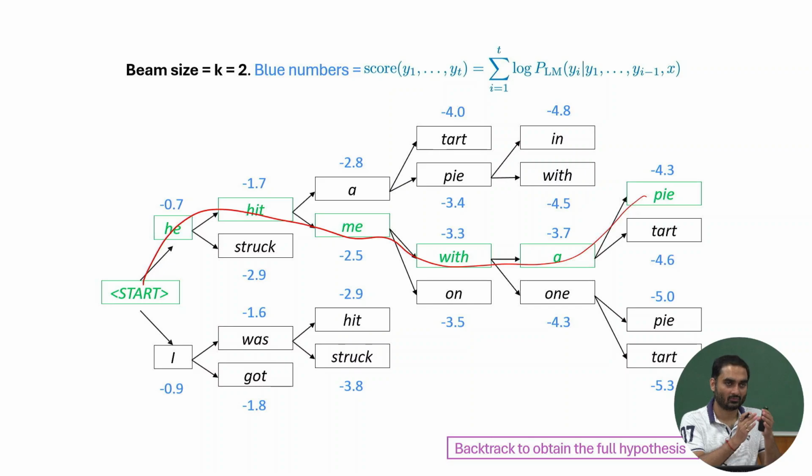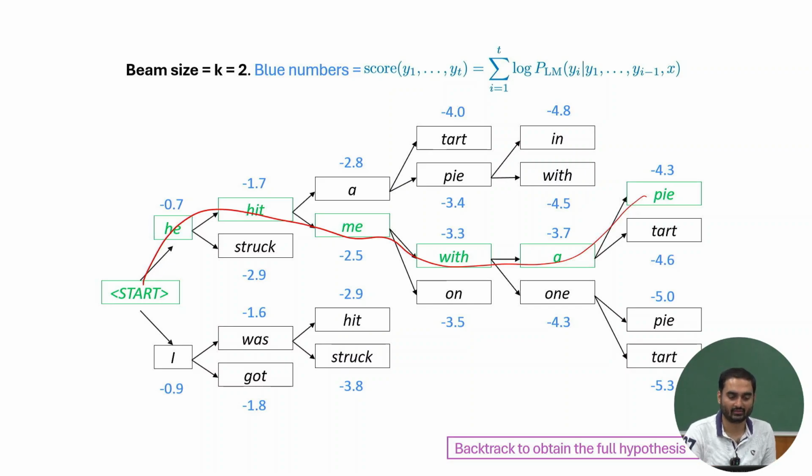Let's say you have one hypothesis with only 2 tokens versus another with 10 tokens, and both successfully led to an end token. Which will be preferred? The shorter one will be preferred because of this, right?